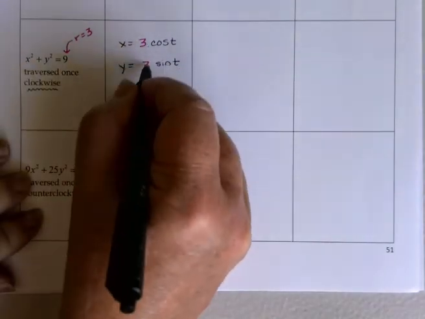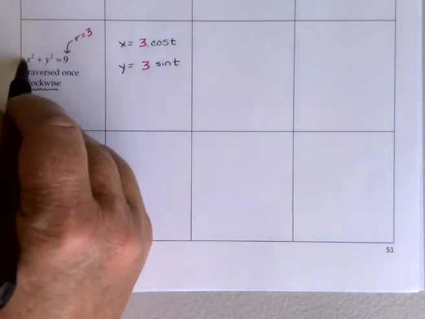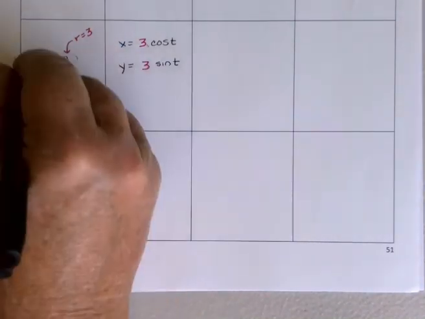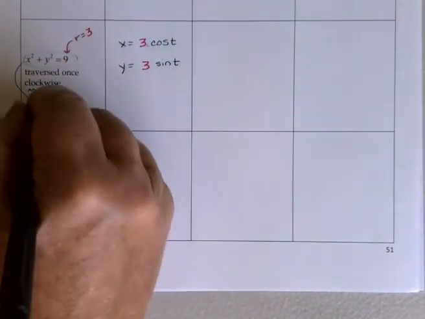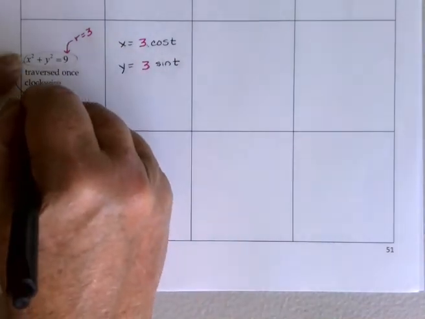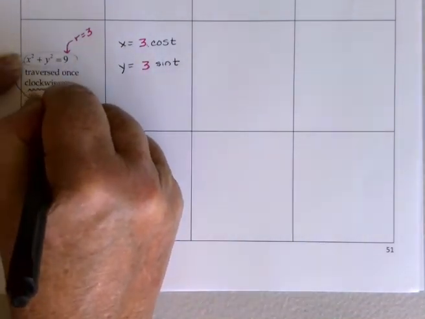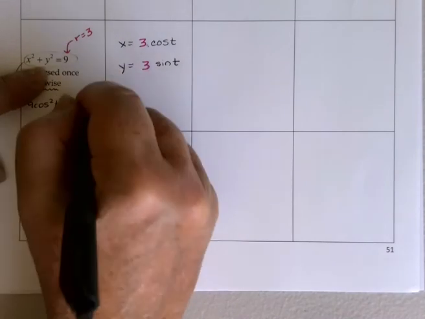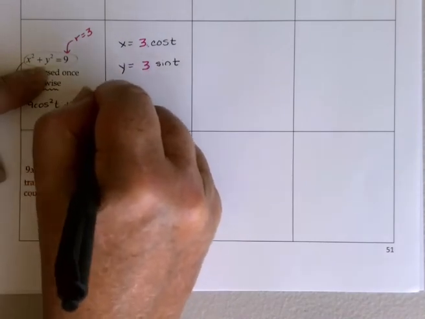By the way, notice that this parameterization really does fulfill the original equation, right? If I were to plug these back in for x and y, x squared would be 9 cos squared t, and y squared would be 9 sine squared t.